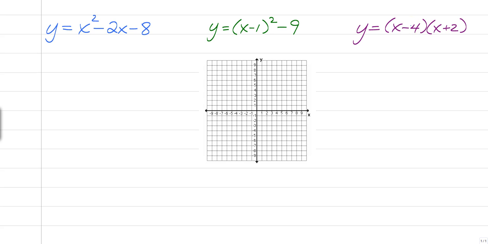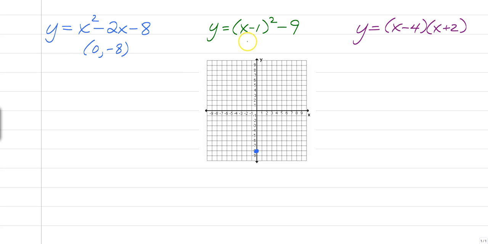As far as how you do that, that's for another video. So I just want you to know that all three of these equations are the exact same parabola. So we're just going to use the benefits of each. 0 comma negative 8 is our y-intercept. So we can go graph that.